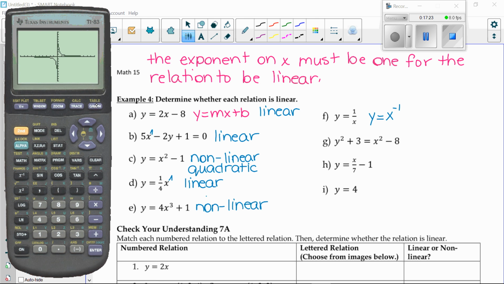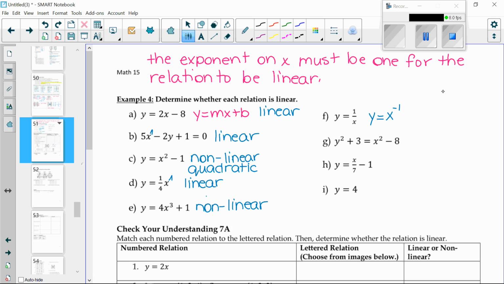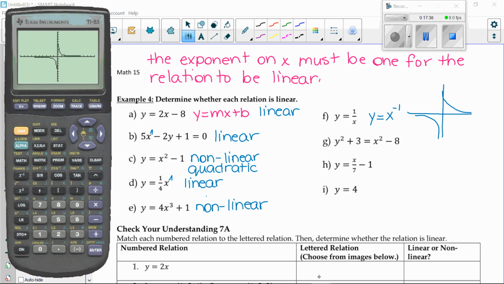I get something that looks like this. I can't draw to save my life, so bear with me. Now, let's see what happens if I delete that graph and do x to the power of negative 1. I get the exact same thing. So this is definitely nonlinear.